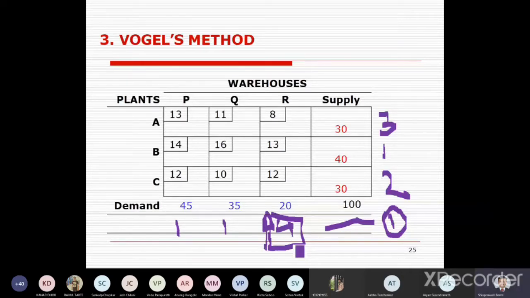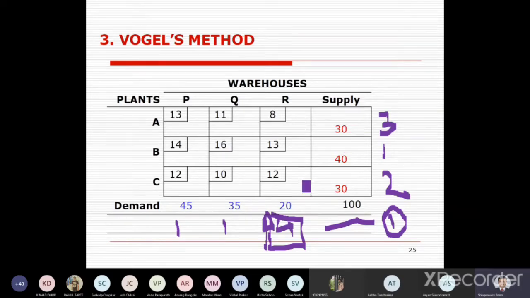Here I got 4 as the largest number, which is for column R, warehouse R. It indicates that if I use this warehouse R for allocation, I can minimize the cost, because column R has the lowest cost available. If I allocate the maximum units at that lowest cost, the total cost can be minimized.